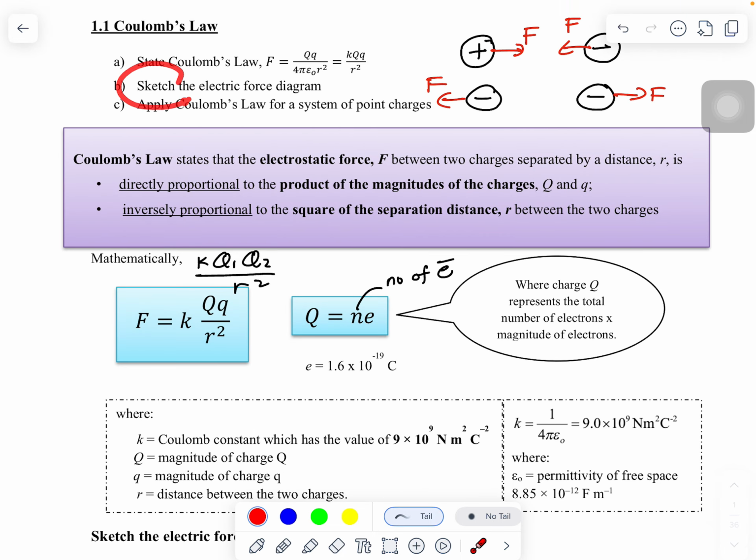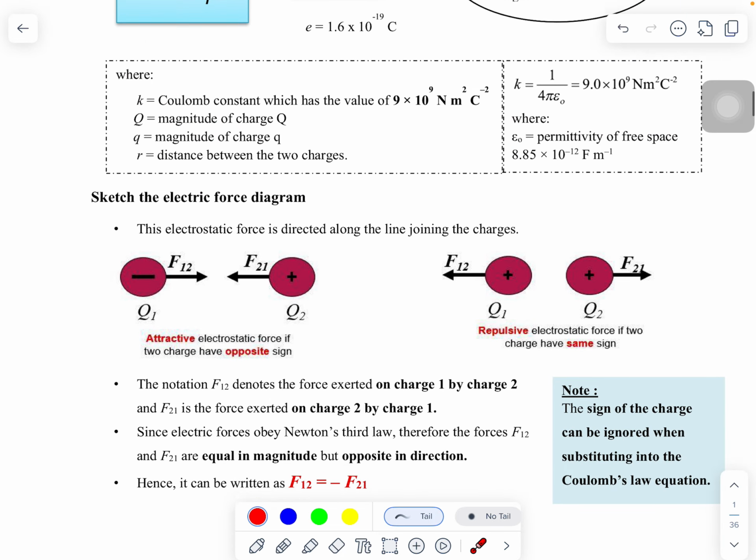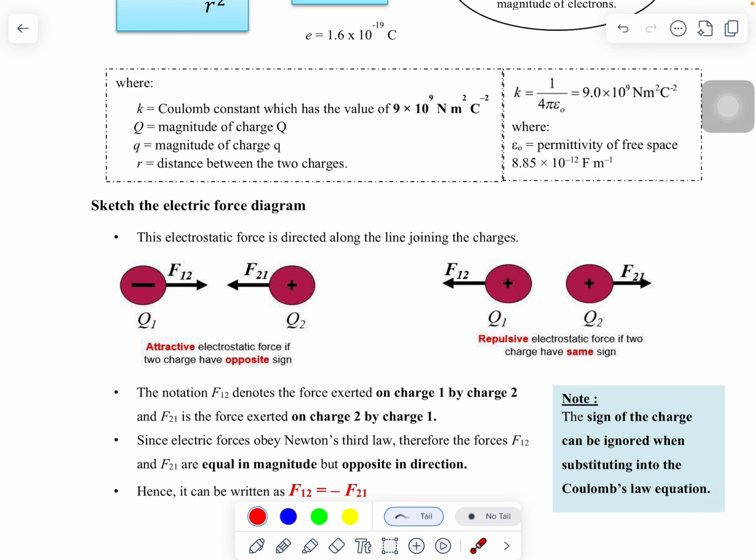Second one, okay, sketching the force diagram. Okay, to sketch force diagram is very easy. Contoh kita ada negative dan positive, right? Okay, we know they attract each other. So kita lukislah line dia towards each other because they attract each other. And then we label the force.